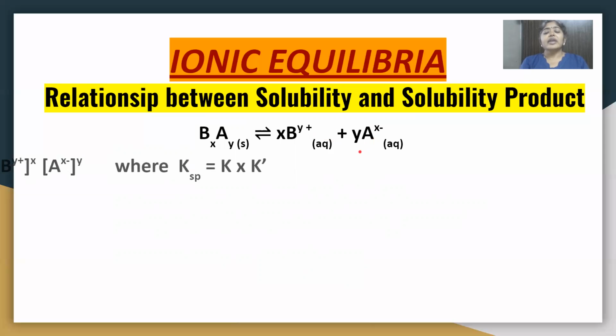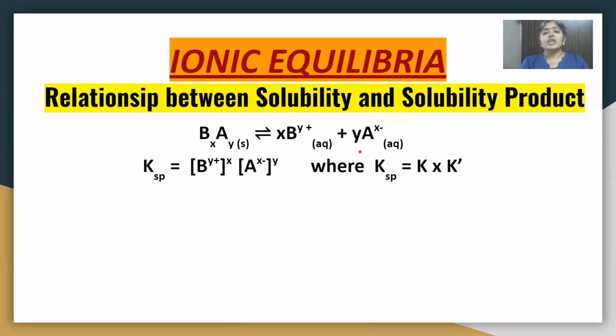Now what is the Ksp for this reaction? It is the equilibrium concentration of each ion raised to its stoichiometric coefficient. So it is the concentration of B^(y+) ions raised to x, the stoichiometric coefficient of the positive ion, and the concentration of the negative ion A^(x-), again raised to its stoichiometric coefficient y.